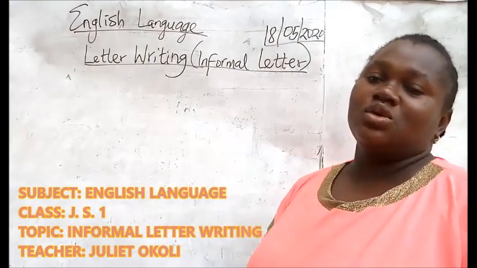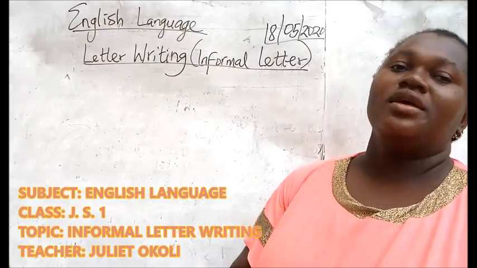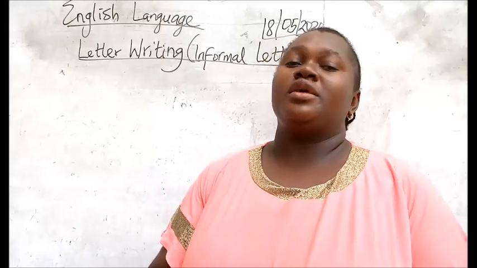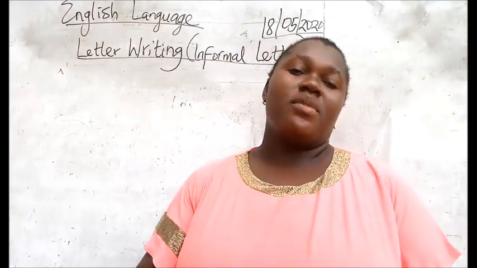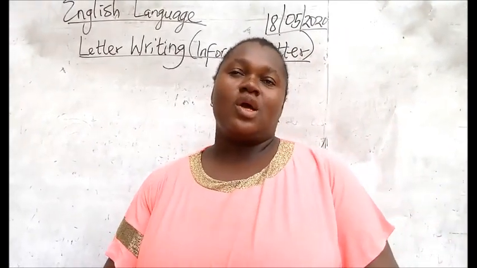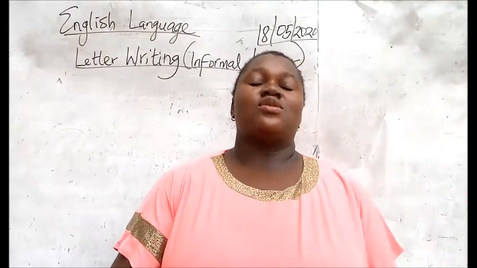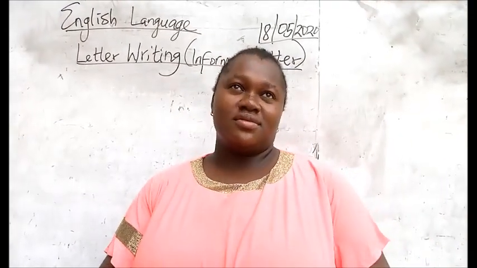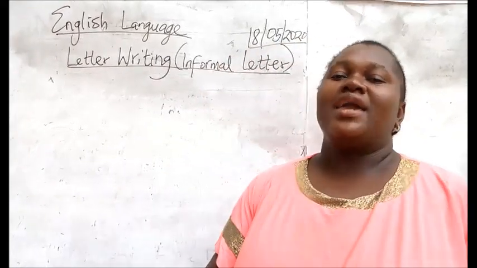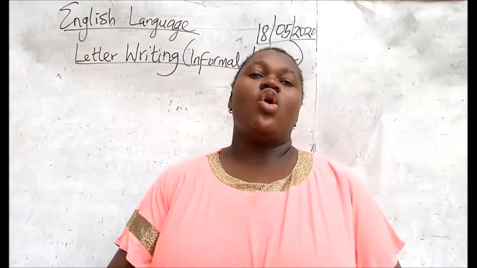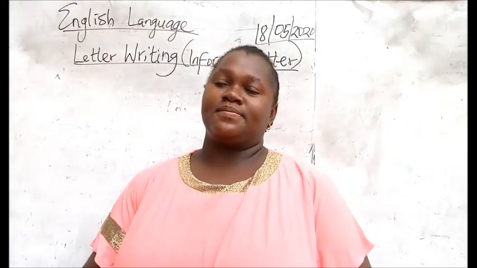First of all, let's look into what letter writing is before we go into the types, and the major one we have today, which is informal letter writing. What is letter writing? Letter writing is the act of communicating information, feelings, ideas, and opinions to someone who is absent or resides in a distant place.